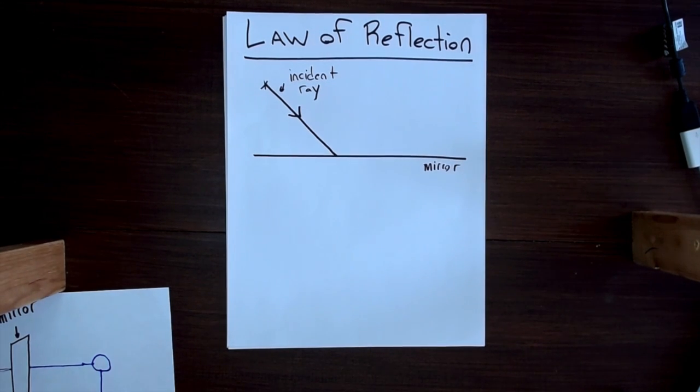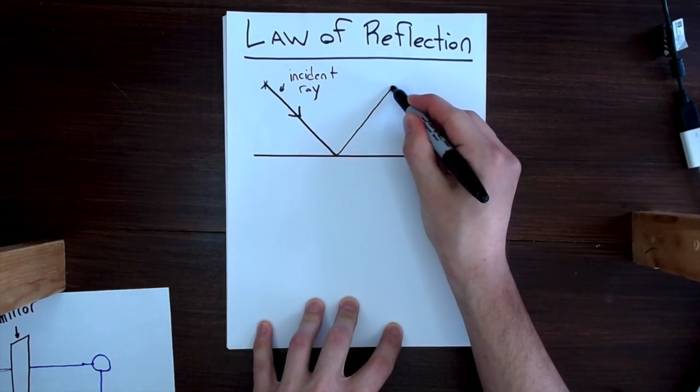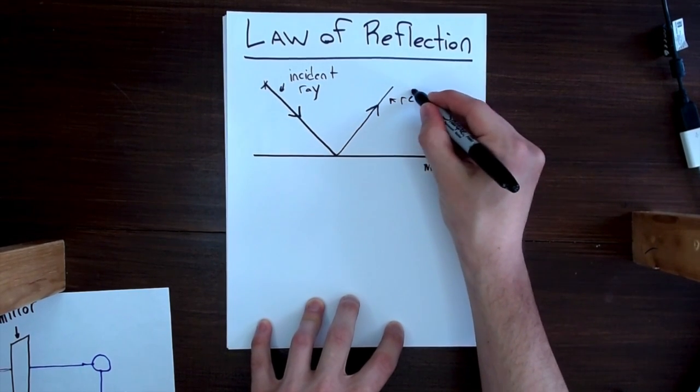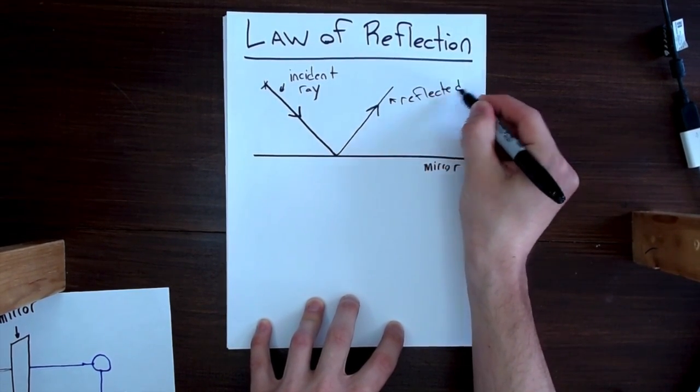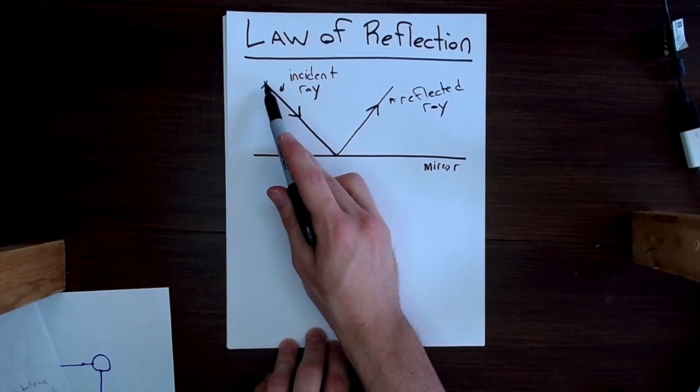It will reach that mirror and it will reflect off of the mirror like this. Okay, this is what we'll call our reflected ray. That is the light that is reflected off of the mirror from this object.